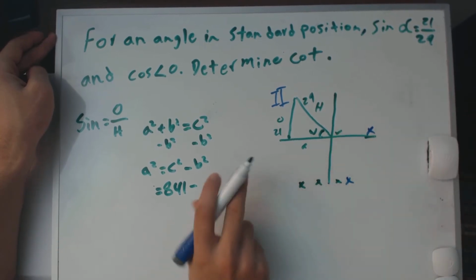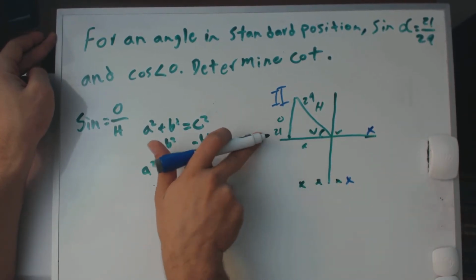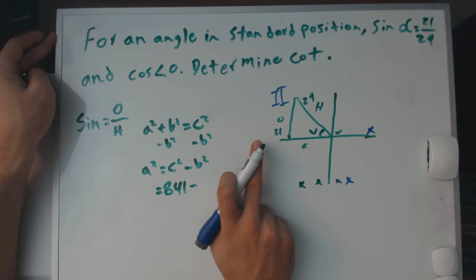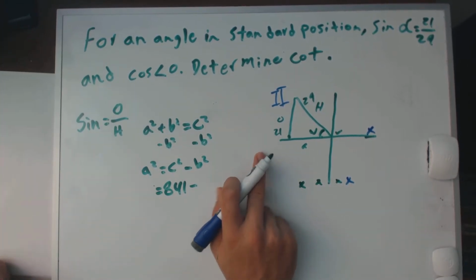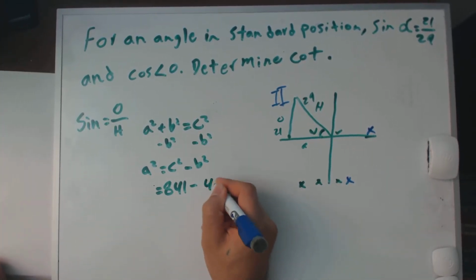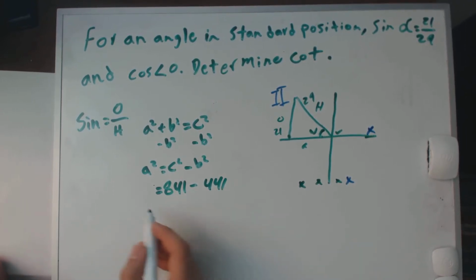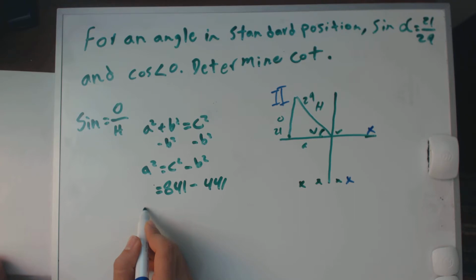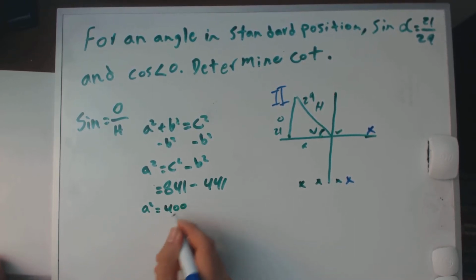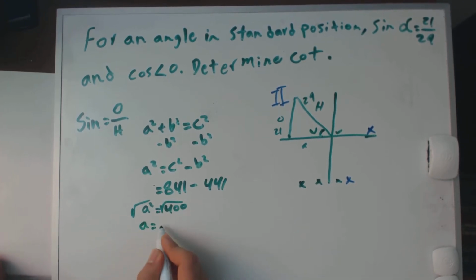We have found that b, which is opposite, is 21, and 21 times 21 is 441. So 841 minus 441, a squared will be equal to 400. Take the square root of both sides, a will be equal to 20, either positive or negative 20.